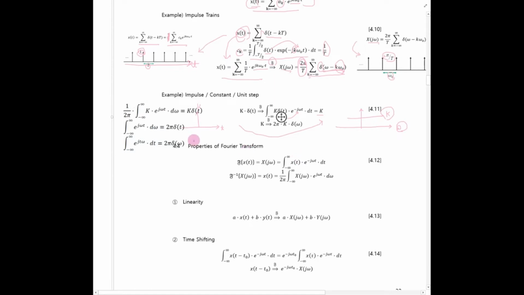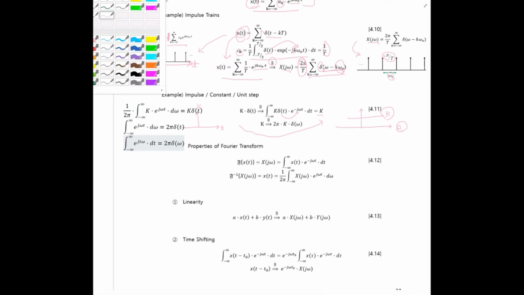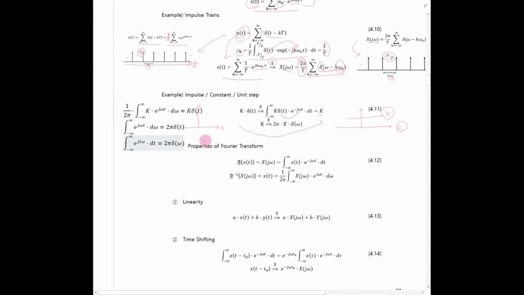So by use of this one we can prove the case of a constant in the time domain. At this moment we assume that the signal is a constant k in the time domain. So what is the Fourier transform of that? To prove that, we need to refer to this result.